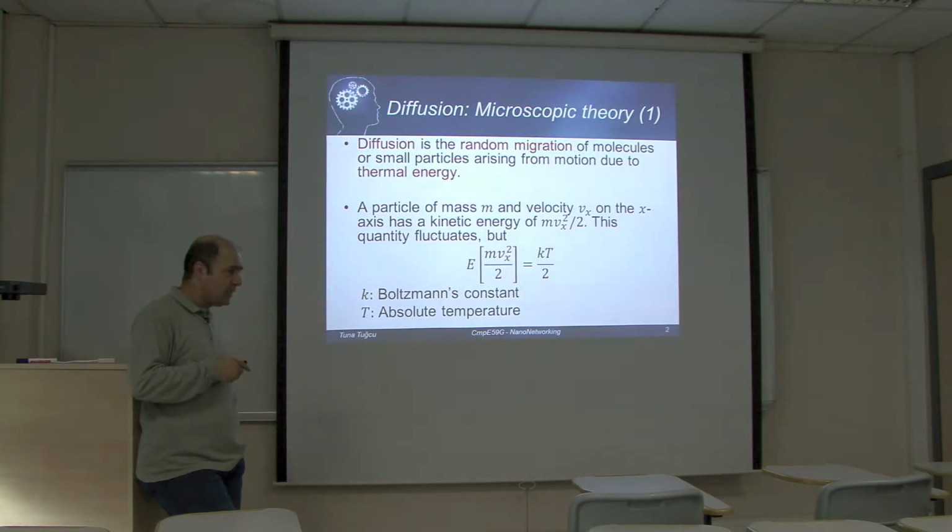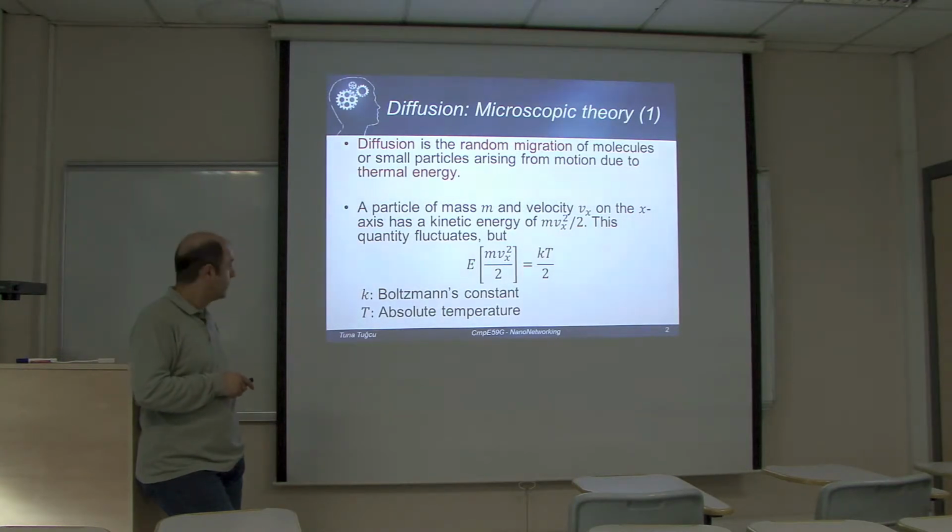So let's first talk about the movement of some very small particle, let's say with the mass of m, and an initial velocity of Vx in the x-axis. For the moment, let's just focus on a single dimension, the x-axis. In that case, we all know from high school that the kinetic energy of such a particle would be mv squared over 2.